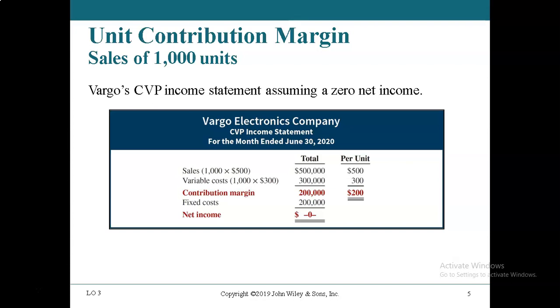Is this company losing money, making money, or breaking even? This company is breaking even. The way that you know that is because net income is zero. So when you break even, your net income is zero. You're not losing money, so it's not a negative number, but you're not making money because it's not a positive number.